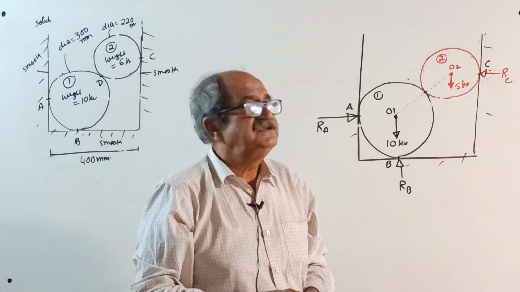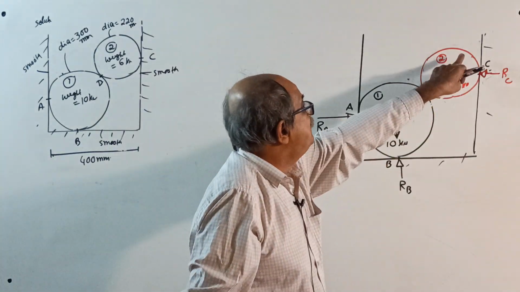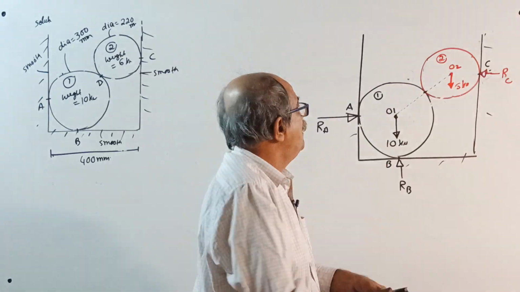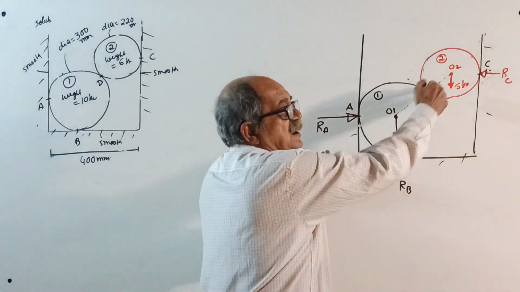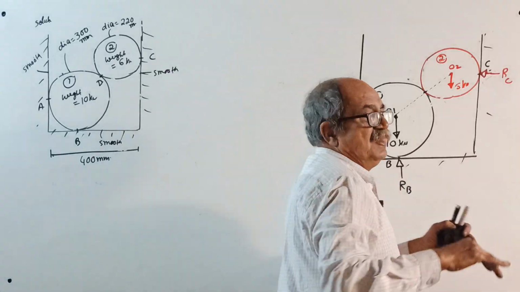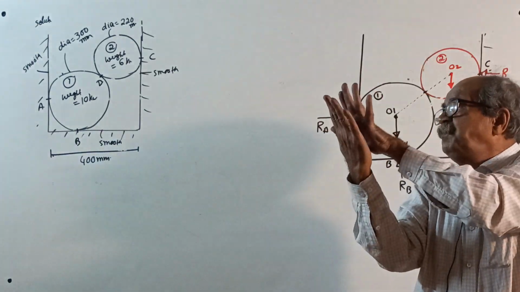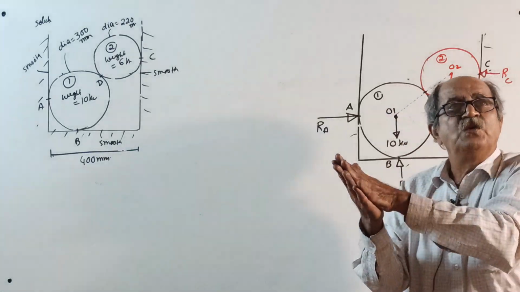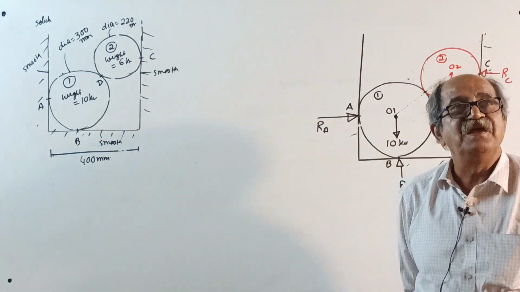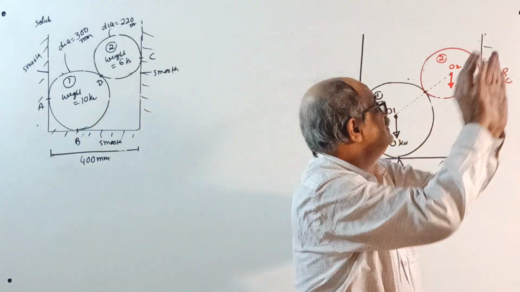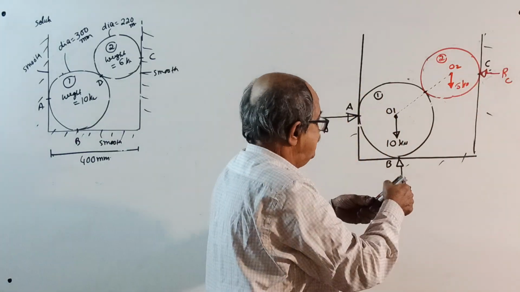How to decide? See, correctly observe. This upper cylinder will push the lower cylinder this side. The upper cylinder will push it this way, so the lower cylinder will get angry. It will push it back. So there's a reaction here.